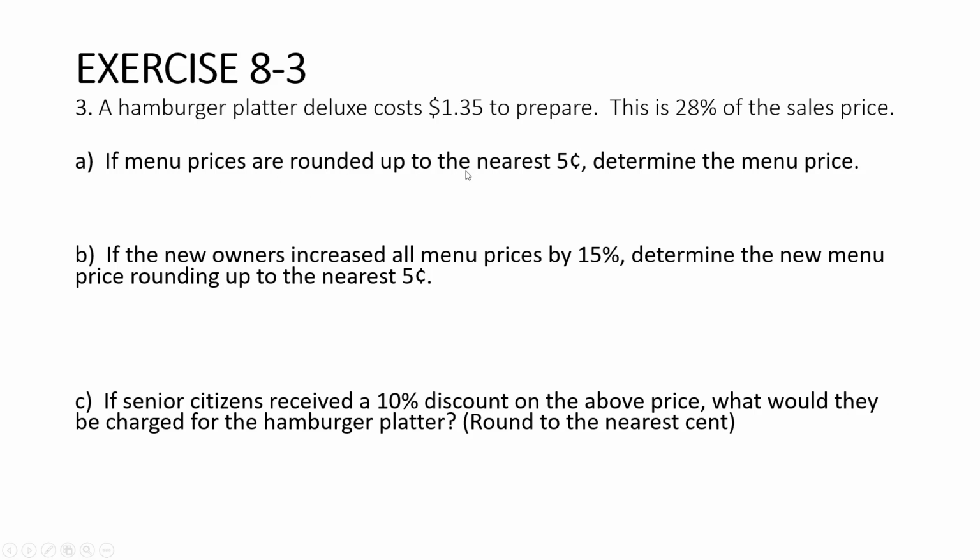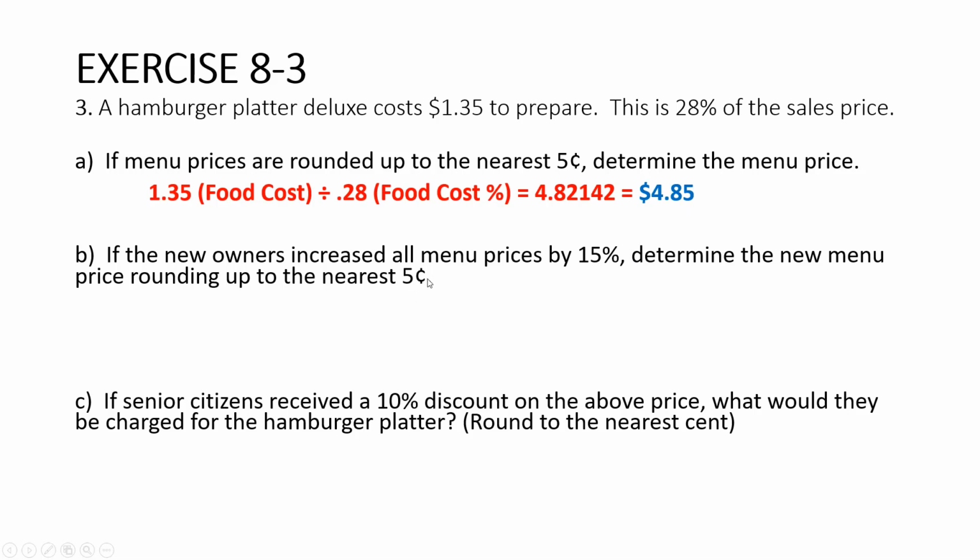To figure out the selling price, we take the food cost and divide it by the food cost percent. Food cost of $1.35 divided by the food cost percent, 28% or decimal .28, rounded to the nearest 5-cent multiple, is $4.85.